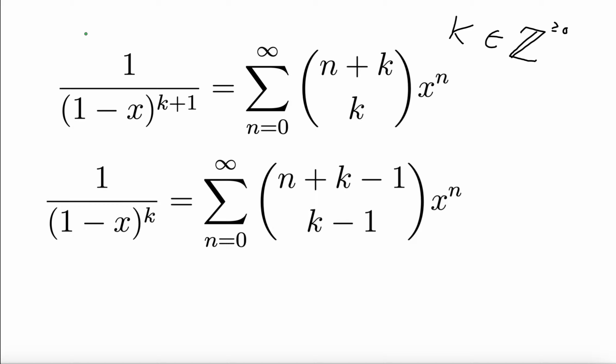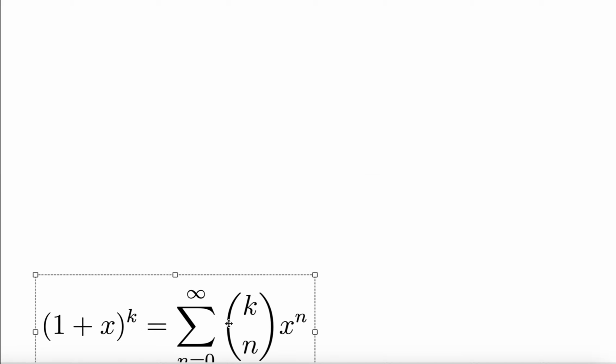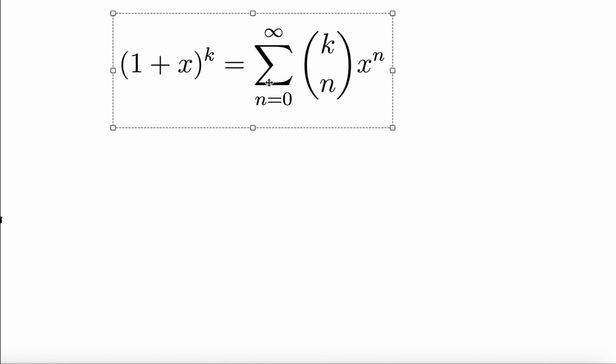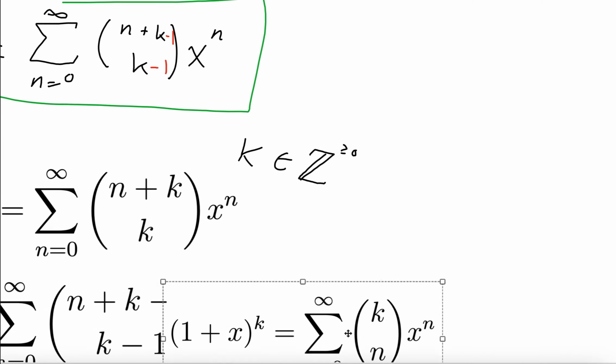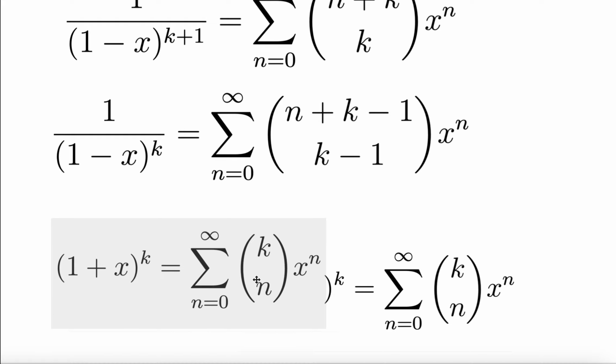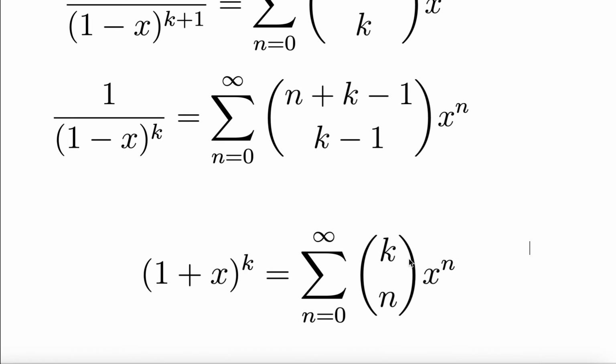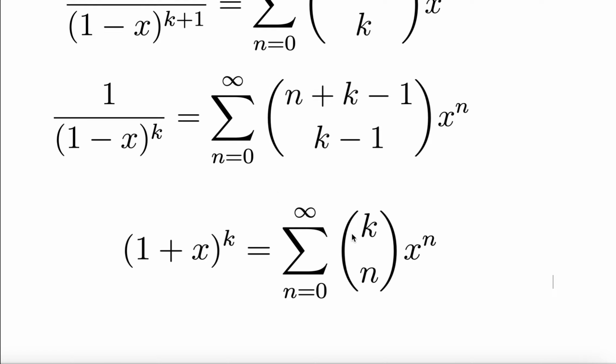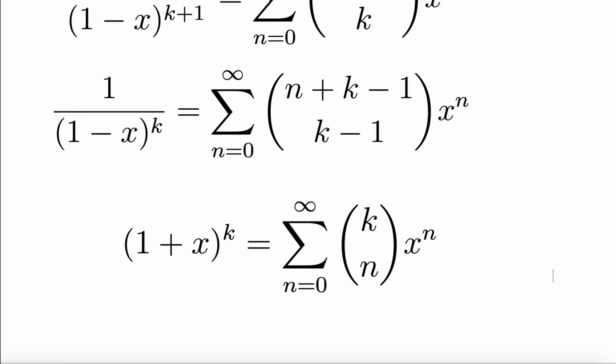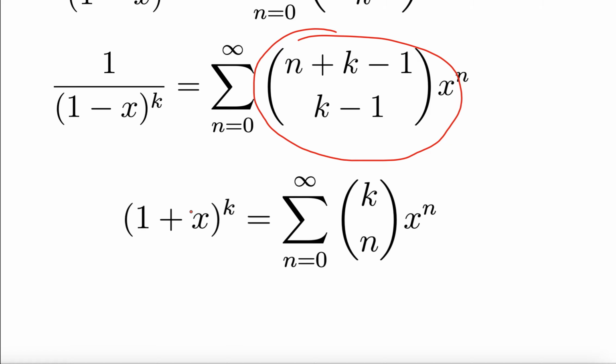Now, you might see a connection here with the binomial theorem, and that's what I have over here, the binomial series. I want to make sure to say a couple of notes about this before we conclude. First of all, I want to stress the importance of not conflating these two. The fact that 1 over 1 minus x to the kth power has the coefficient n plus k minus 1 choose k minus 1, while the binomial series has k choose n with the powers.